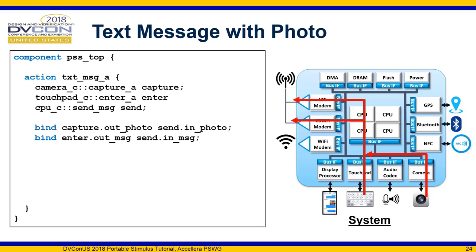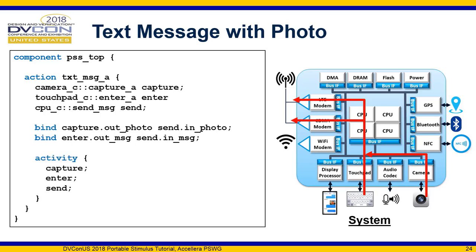We're saying, hey, please take the output photo from the capture and make it the input photo of the send operation I'm about to do. Please take the output message of the enter operation and make it the input of the send message thing. It's almost like connecting together modules in SystemVerilog, right? We're saying what must go where.